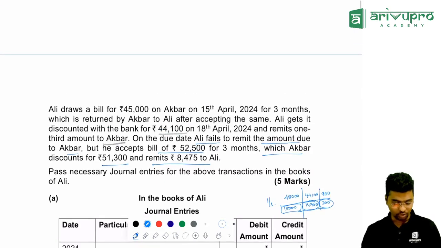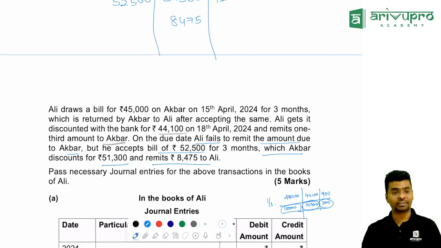So how do I do this? I told you 52,500, how much cash has come? So 1,000. How much did they remit to Ali? 8,4. But for my calculation, I will take it as this. Everyone got it right?